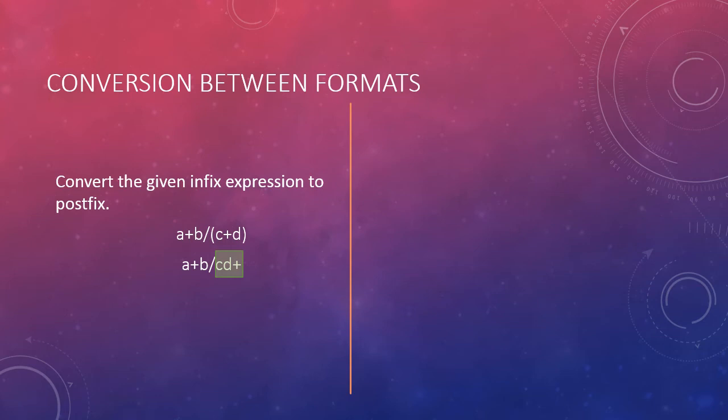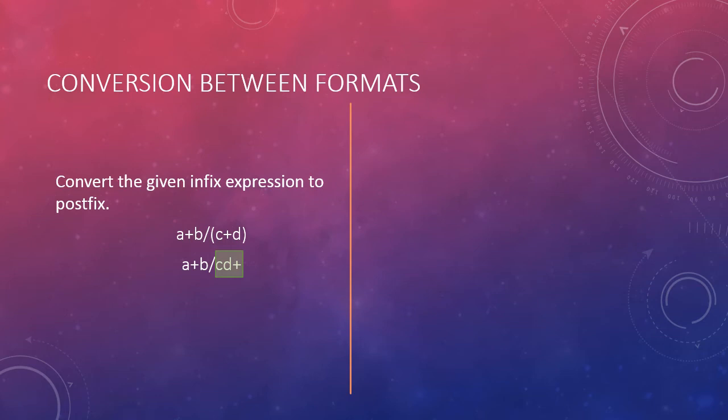Now look at the second most important operator, that is the divide sign. The first operand of the divide sign is B. The second operand of the divide sign is everything inside the green box.